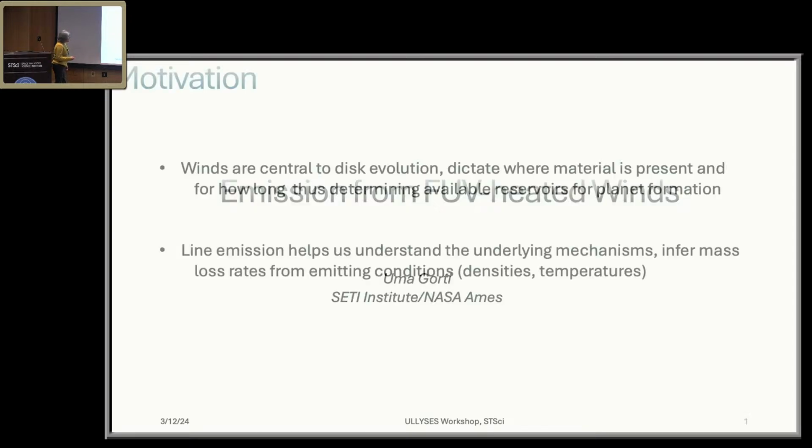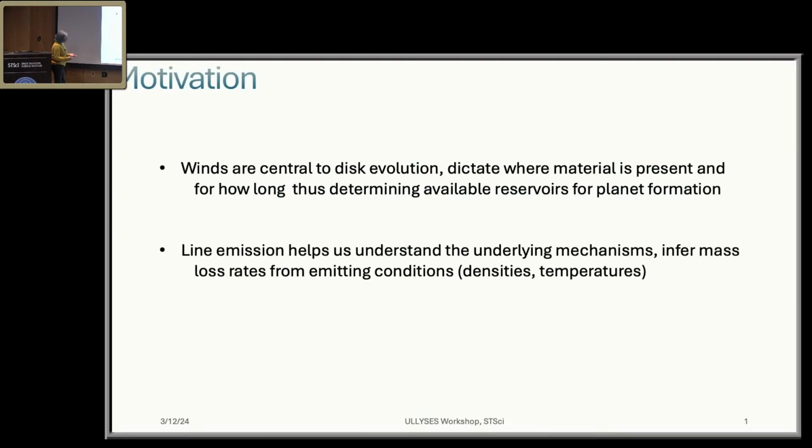I will start with the motivation, and this is also the takeaway that I want you to have at the end of the talk, which is that winds are central to disk evolution. When I say winds, I mean that the accretion we've talked about so far in the previous two talks is material being accreted from the outer disk.